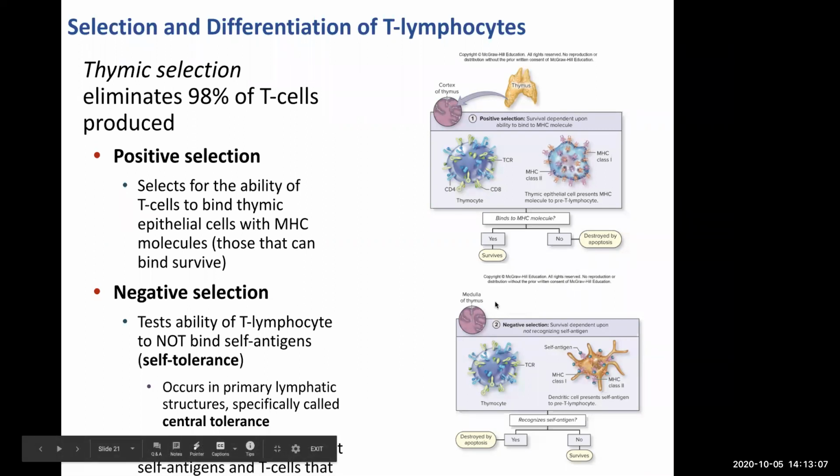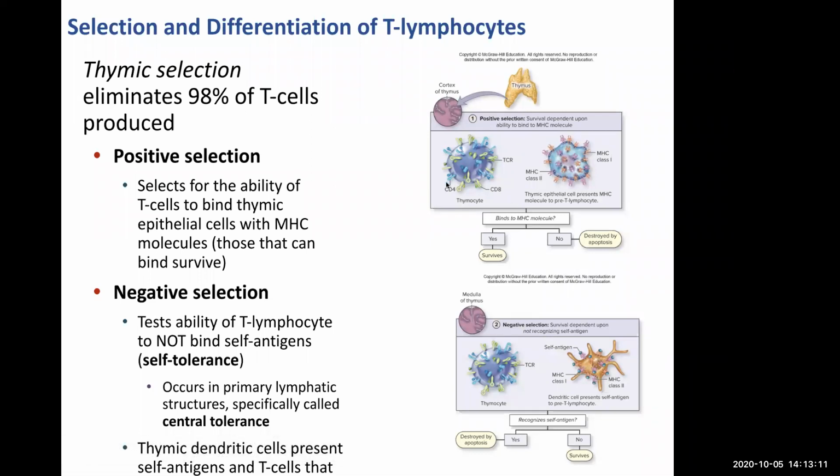So with positive selection, again, we're talking about pre-T cells. They have at this point both CD4 and CD8, right? And during positive selection, the cells that are selected for are going to be those cells that are able to recognize their antigen in the context of MHC, right?